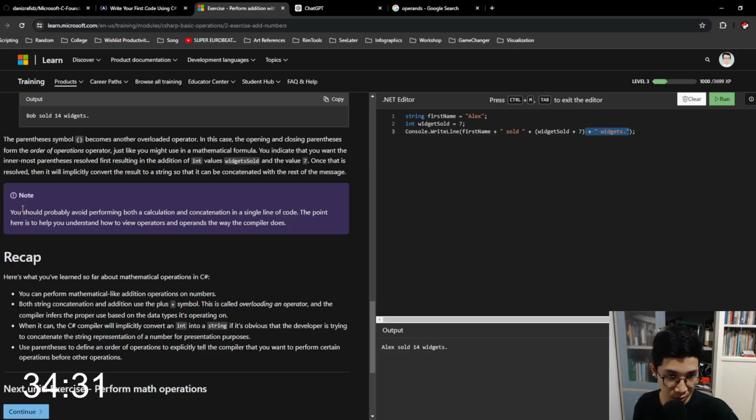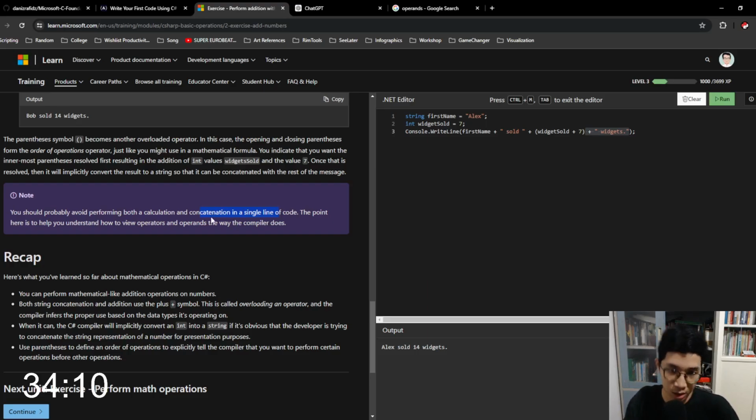Okay, that looks good. This will probably avoid performing both a calculation and concatenation in a single line of code. The point here is to help you understand how to view operators and operands the way the compiler does.